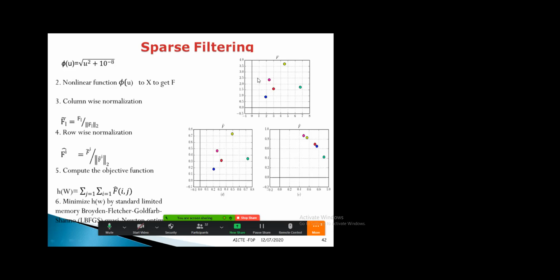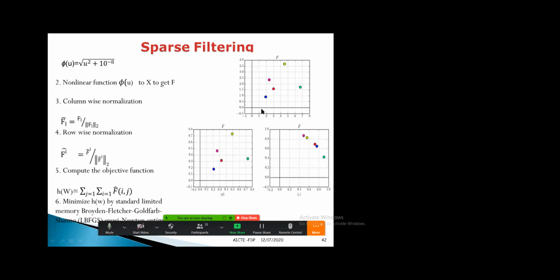So here F is the matrix we have created. Then this is the column-wise normalization, and then the row-wise normalization. When we apply these two steps, the whole data changes. Start from the first figure: it was all distributed like this, and it is difficult for us to separate.